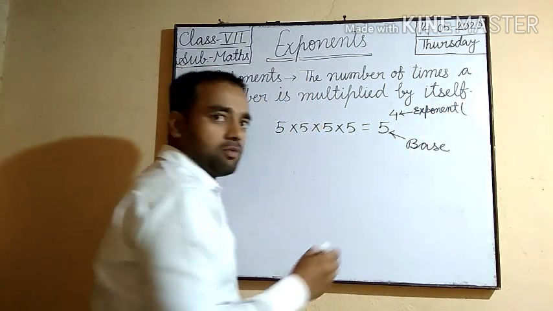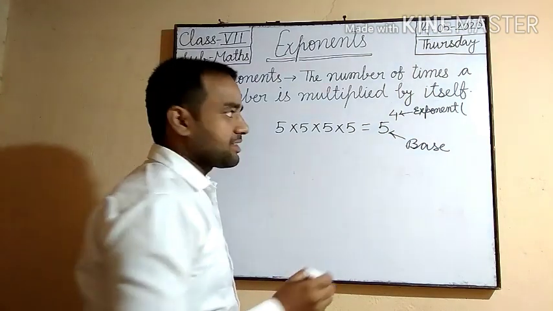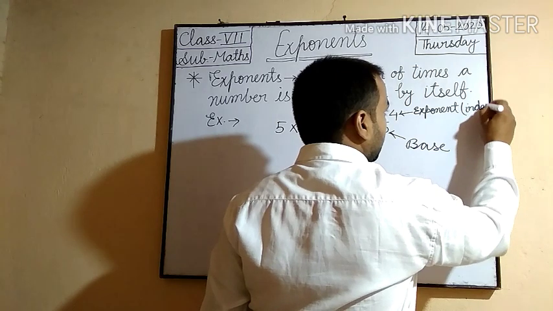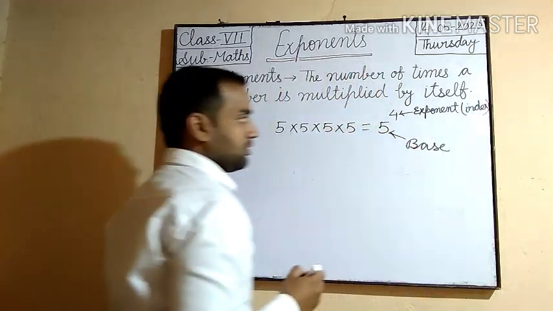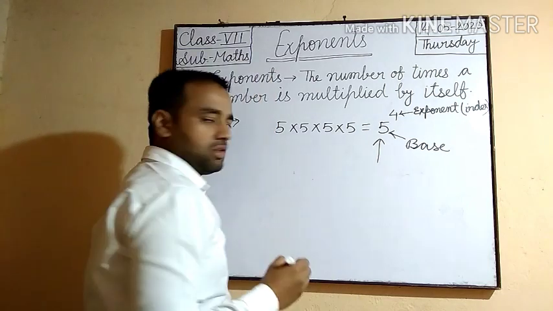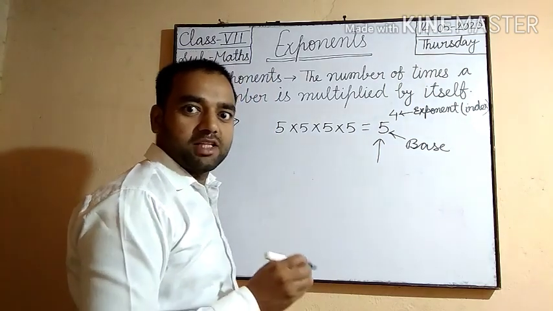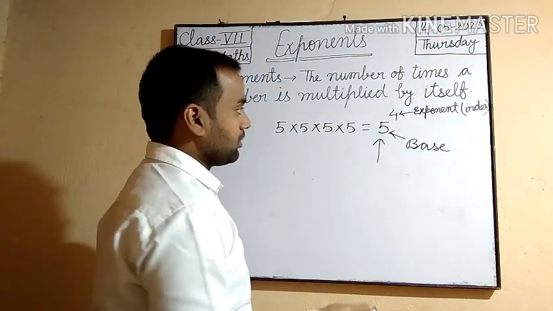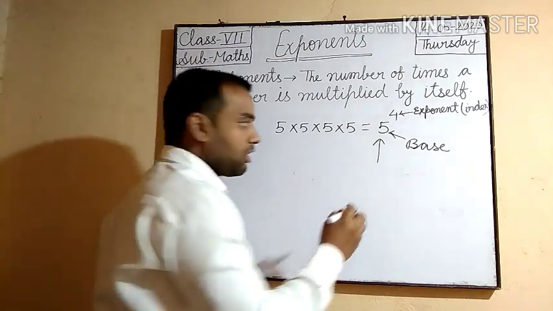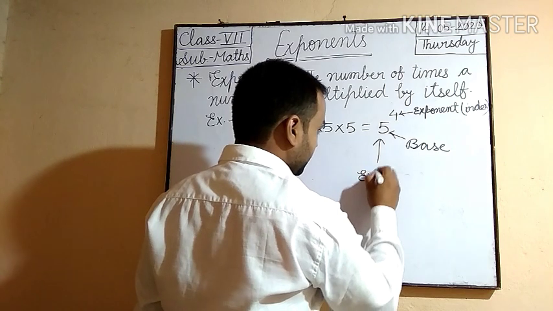Another name of exponent is index. This complete notation, 5 power of 4 or 5 raised to power 4, is called exponential form.